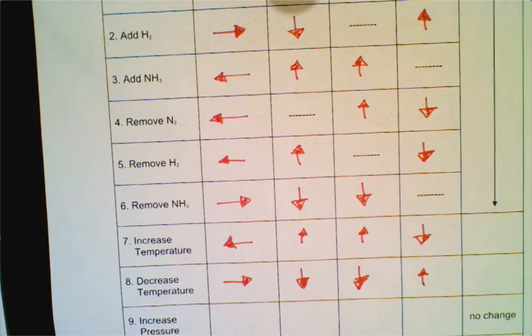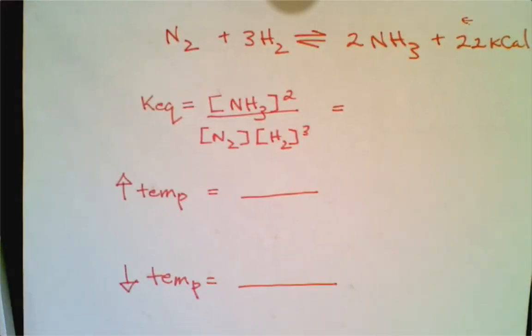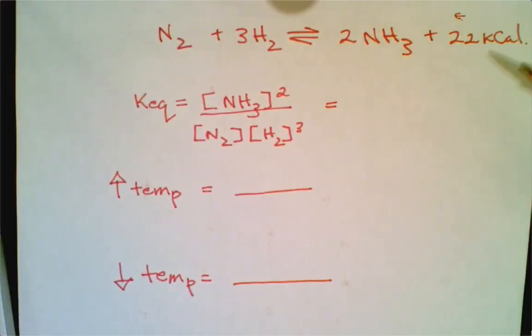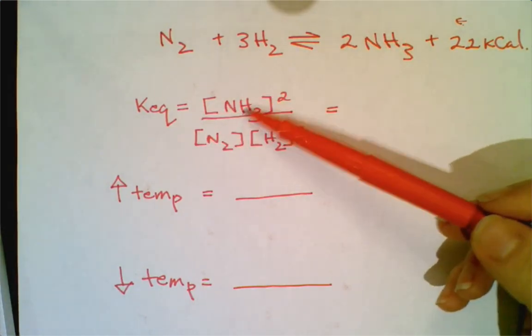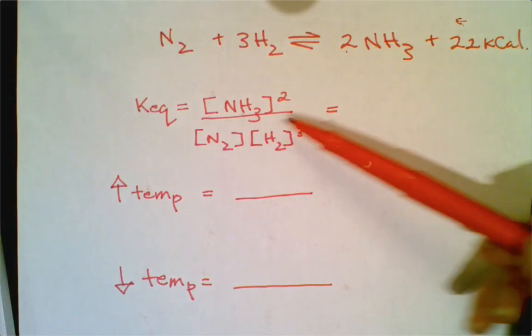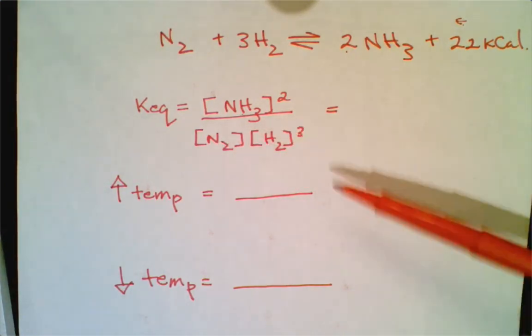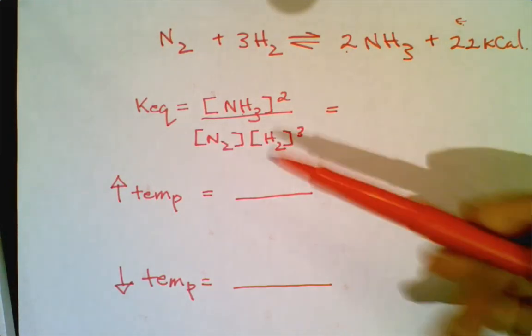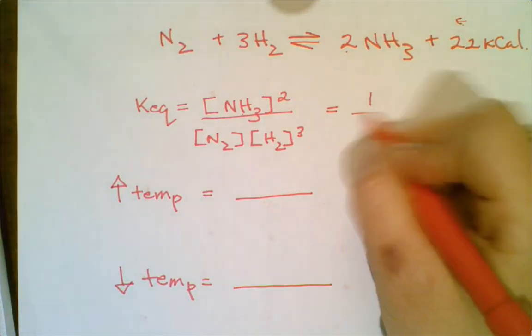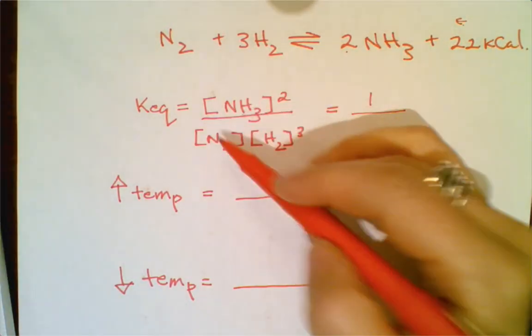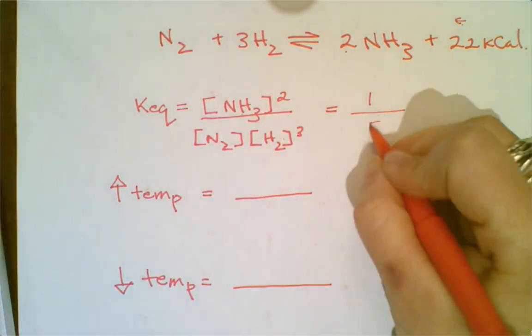So let's take a look at what effect that would have on your KEQ value. What I just did very quickly on the back is rewrite this equilibrium expression as the mass action expression. So we've got the products raised to their exponents, all divided by the reactants raised to their exponents. Now, let's just say that this value of concentration happens to be a 1, and this value, when we multiply these together, happens to be a 5.